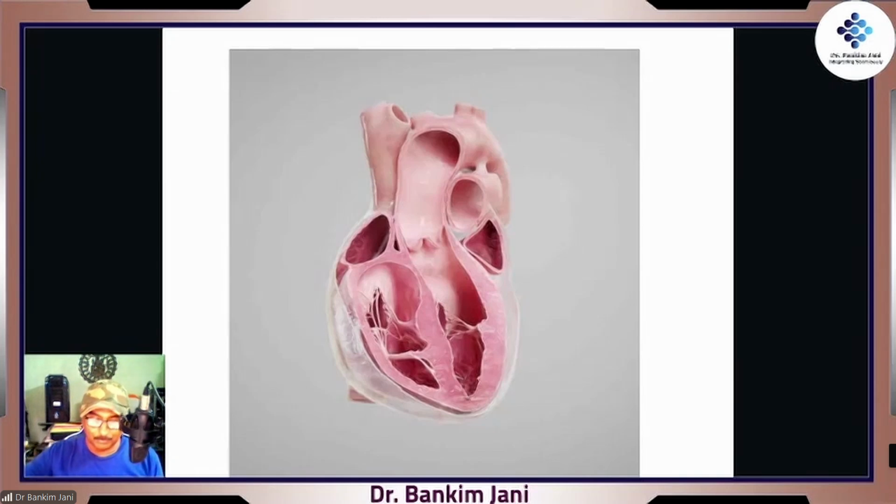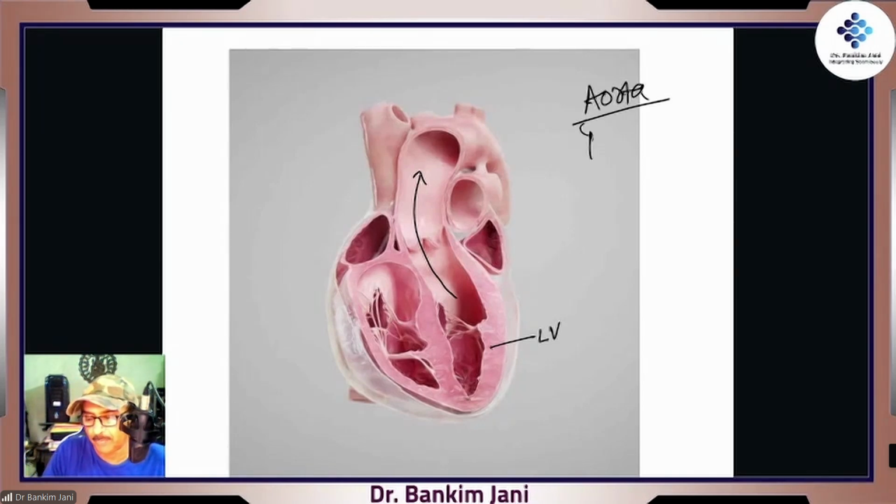And one more thing, the cross section, which shows that this is the aorta. This is our left ventricle, and that's the aorta. See how the aorta goes. Aorta and pulmonary trunk.